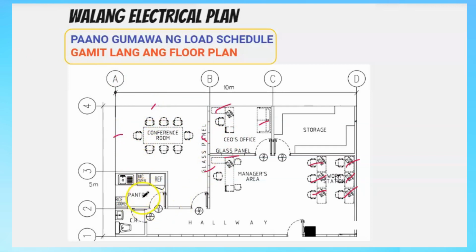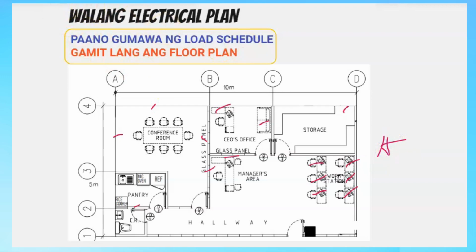For the pantry, we have 1 outlet here. The hallway is actually glass, so you cannot place an outlet there. And for the storage room, is there an outlet there? This one is for the purpose of cleaning. So let's count: 1, 2, 3, 4, 5, 6, 7, 8, 9, 10, 11, 12, 13, 14, 15. Actually, through inspection, we need to install 15 outlets.